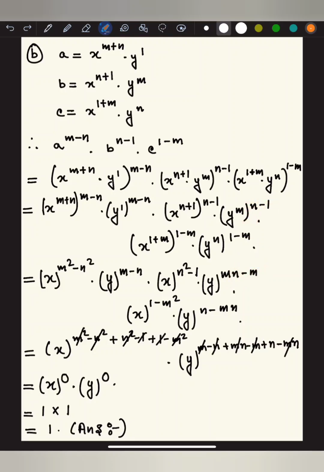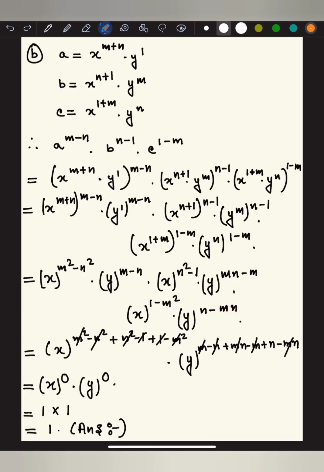Again, x to the power (1 plus m) into (1 minus m), that means x to the power 1 squared minus m squared. I have written this 1 squared as 1, right, into y to the power n into (1 minus m), that is n into 1 means n, and n into m means minus mn, right?